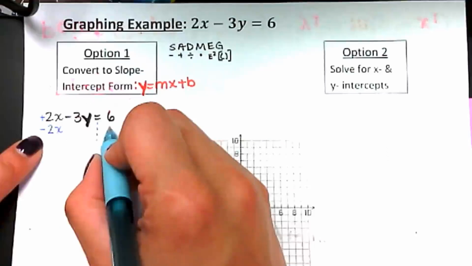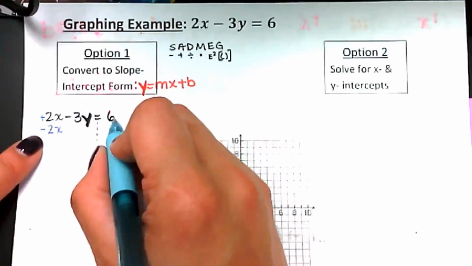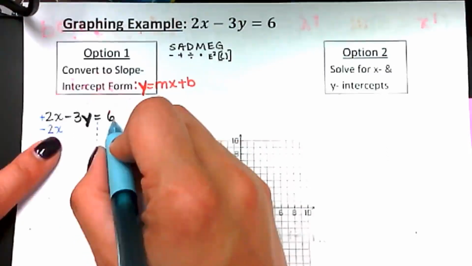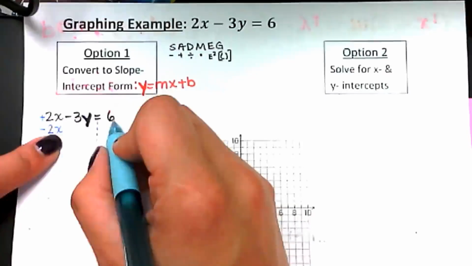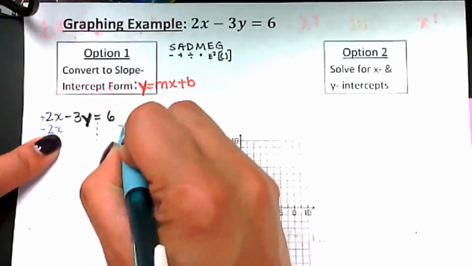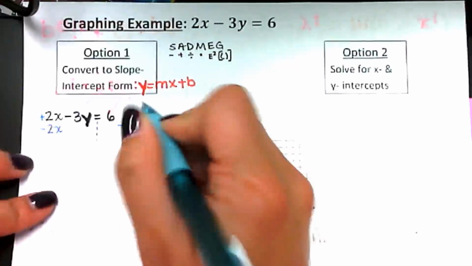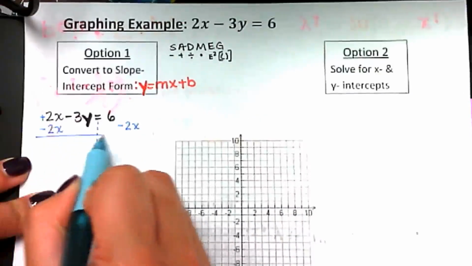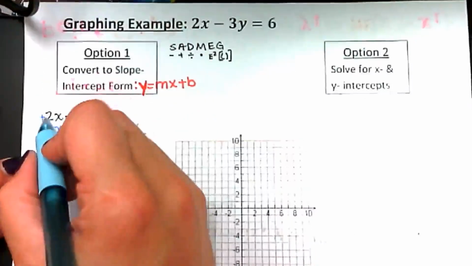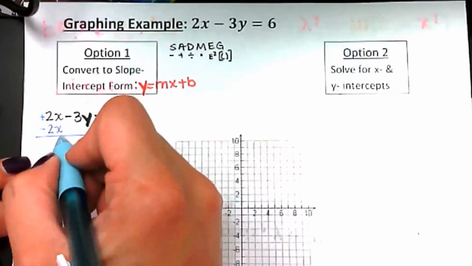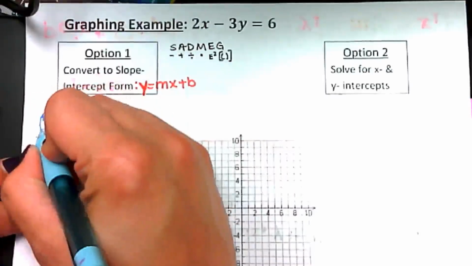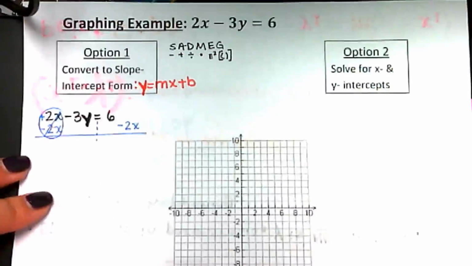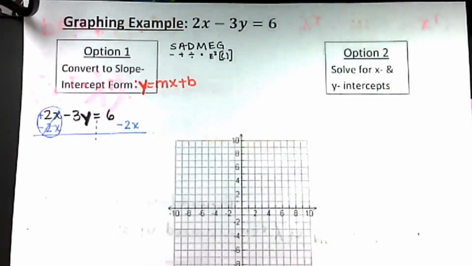Whatever I do on one side of the equal sign, I must do on the other. Now, this 6 doesn't have an x, so I could say that they are not like terms. So I'm just going to put this off to the side because I don't want to combine them. All right. 2x minus 2x, well, that's our yellow word, elimination. It becomes a big fat 0.